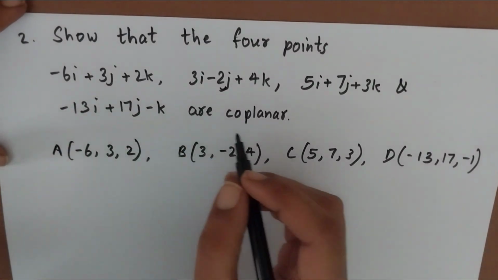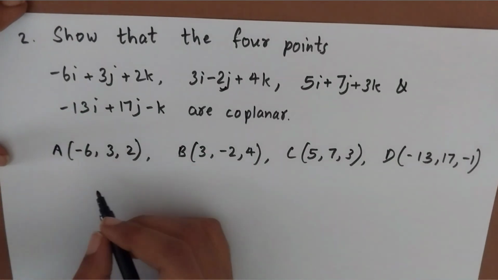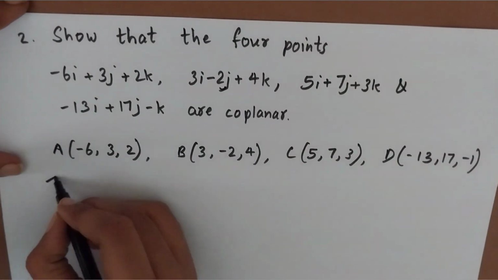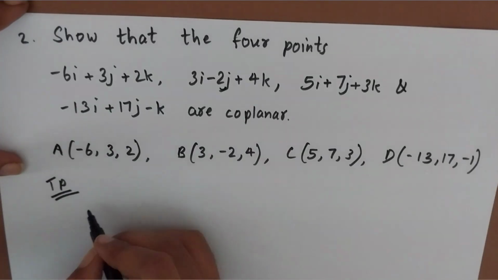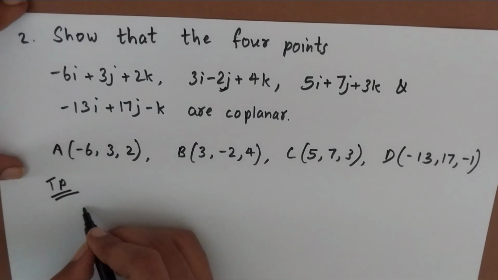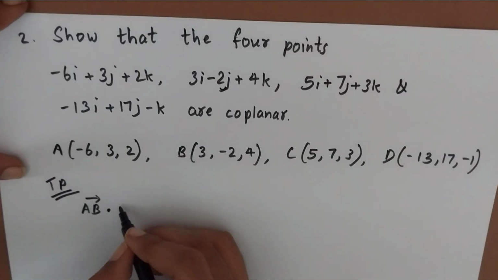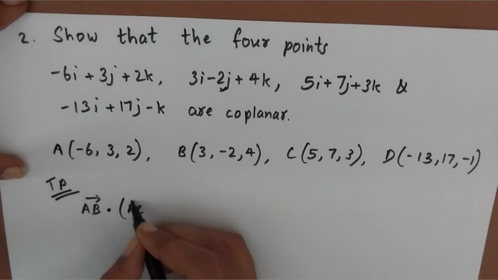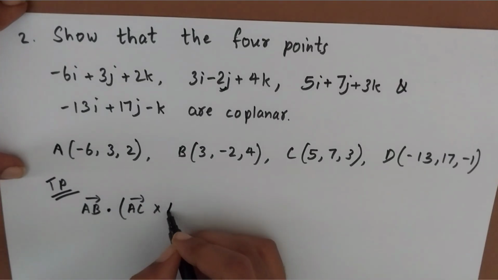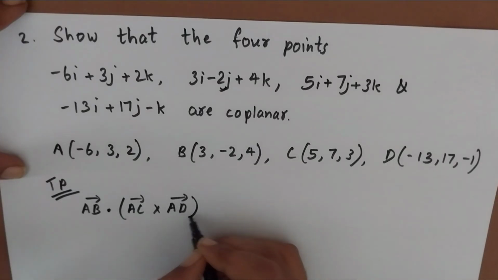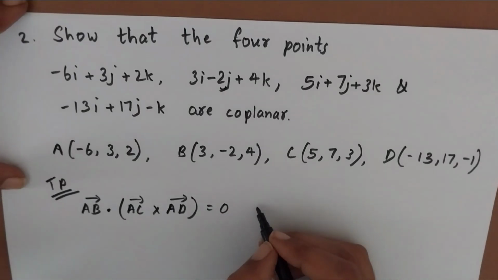Next, in our question we have to show these 4 points are coplanar. So to prove that, vector AB dot AC cross AD is equal to 0. This is the condition for coplanarity.